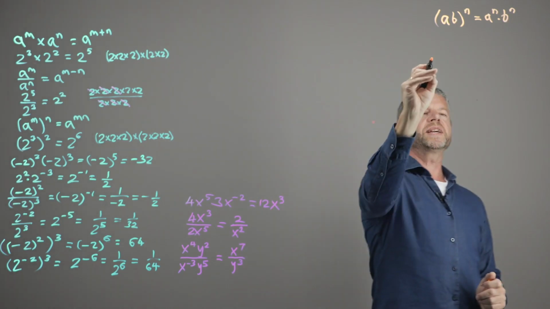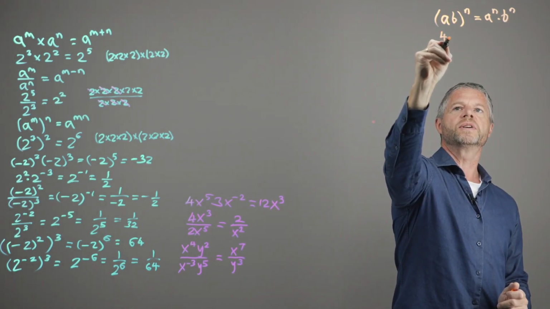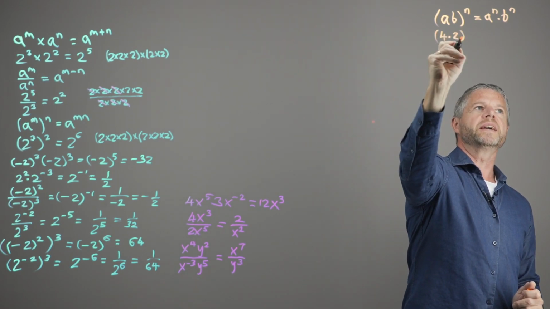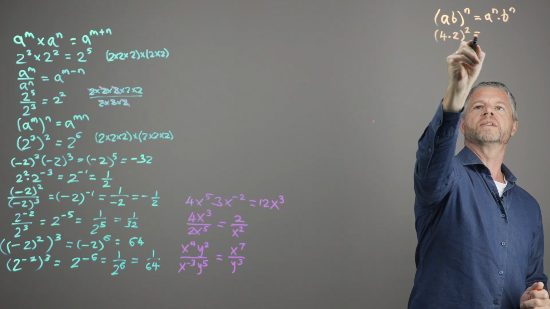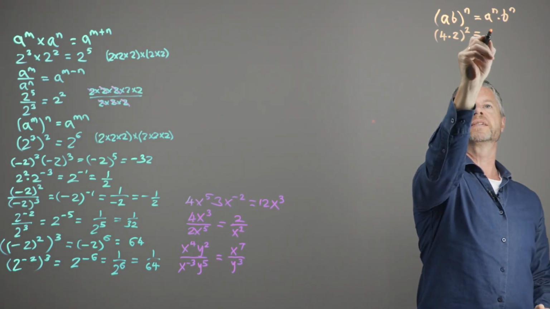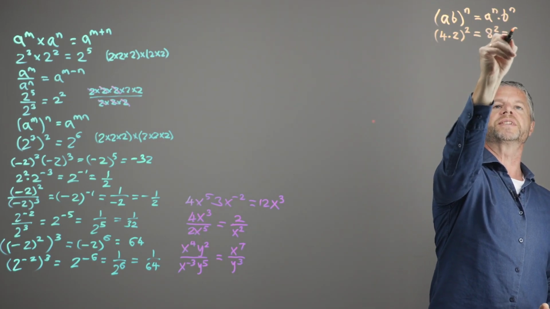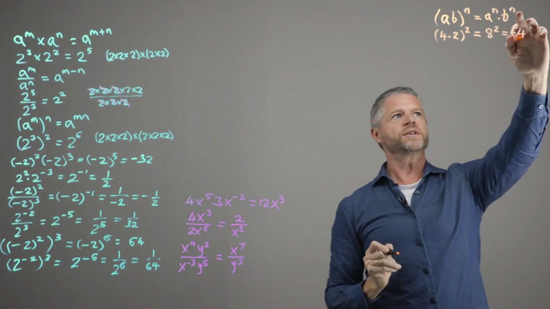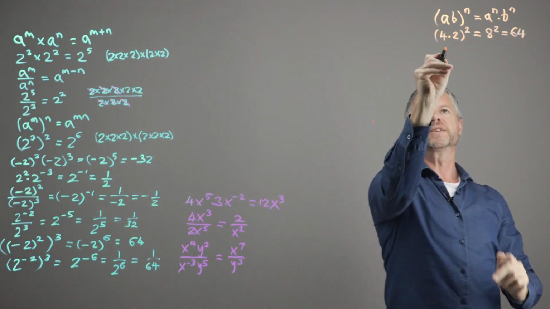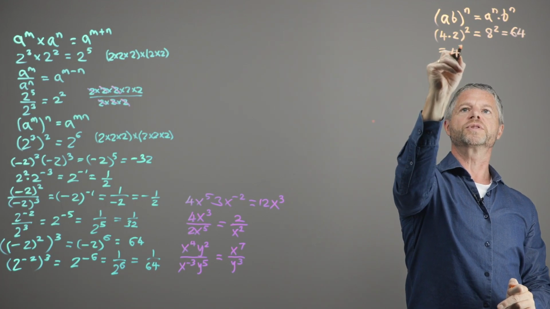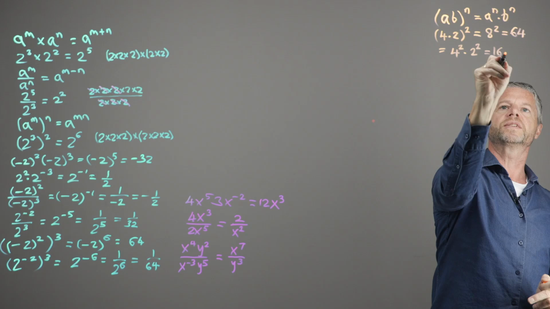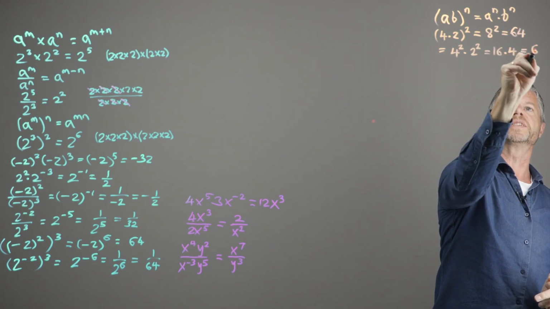And so an example here is, let's suppose I have 4 times 2, and I square that. So one way to calculate it would be to multiply 4 by 2 to get 8, and have 8 squared, which is 64. Or the other way is to apply this rule here and apply the exponent to each piece separately. I'll have 4 squared times 2 squared, which is 16 times 4, which is 64.